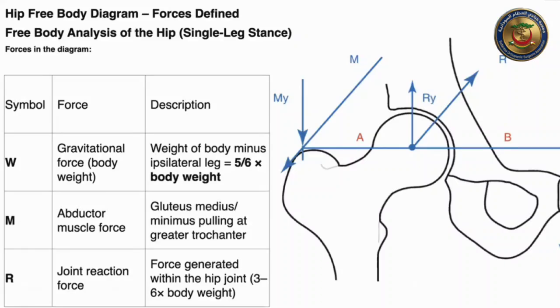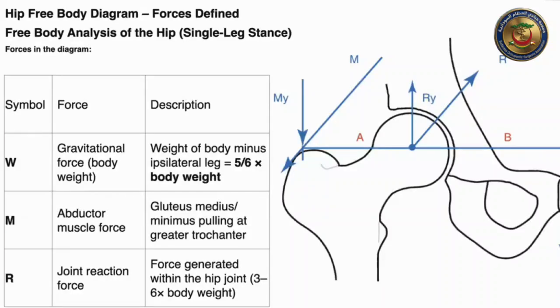We want to know the force and load acting around the hip. We know that the hip is a class one lever, with a central fulcrum in the center of rotation of the hip here. Actually, we need the pointer.